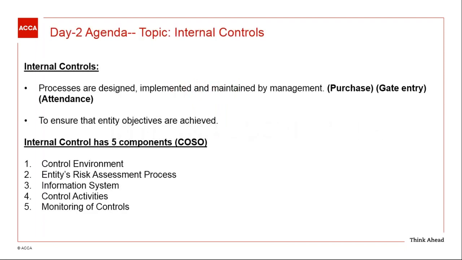The question tested in the exams is approximately a 15 to 20 mark question that comes on internal controls. You are going to be tested on this topic for about 15 to 20 marks.